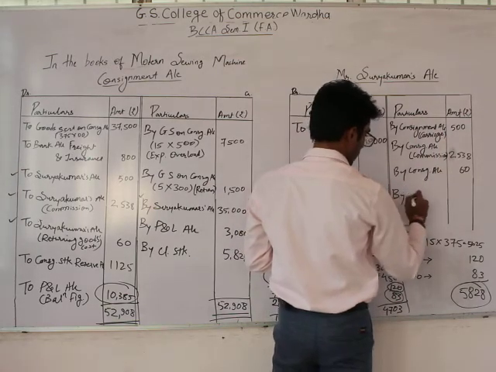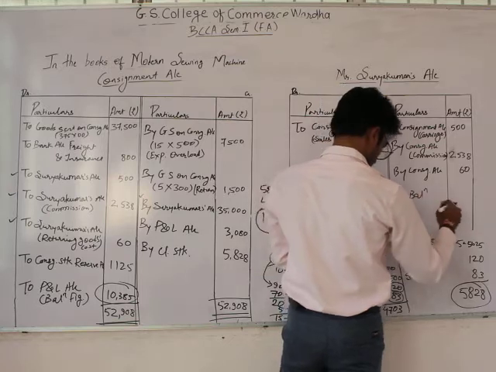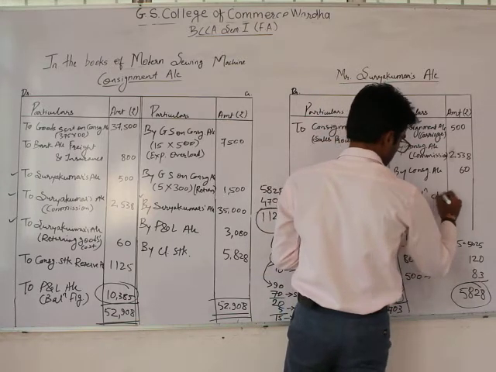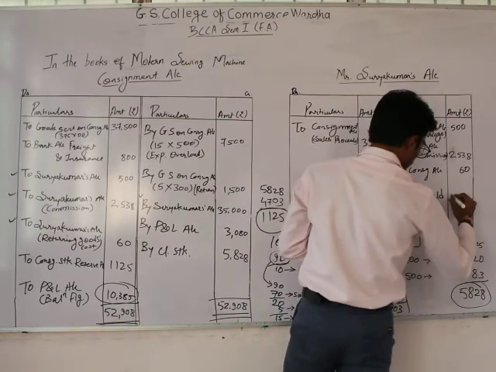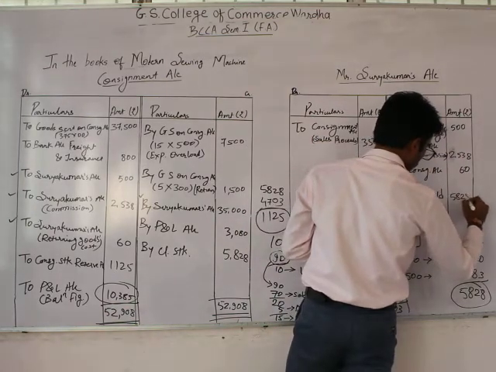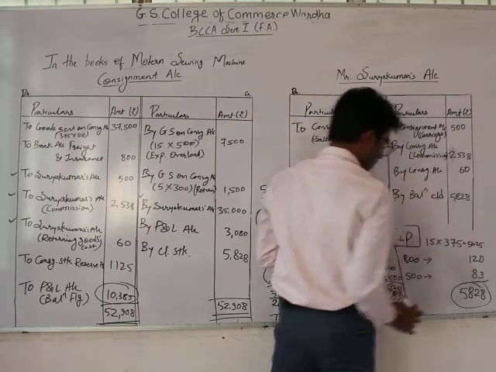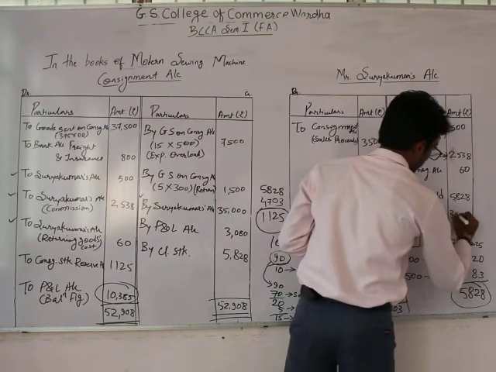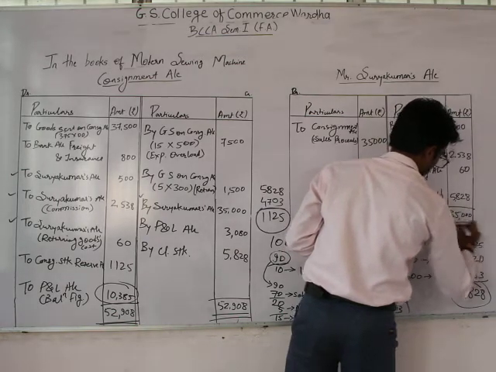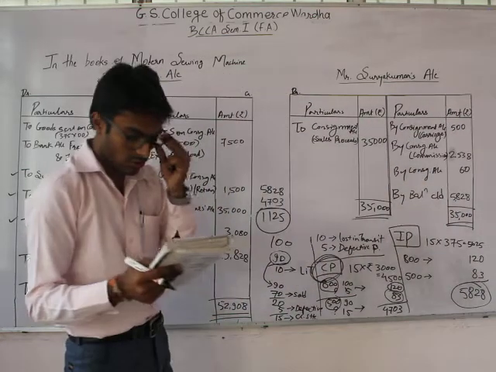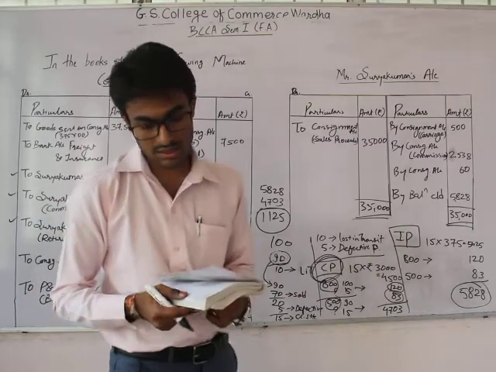So by balance c/d, this minus these three figures will be 5828. Okay, so 35,000 will be on both sides. Done. So this is how you can complete your consignor's account.